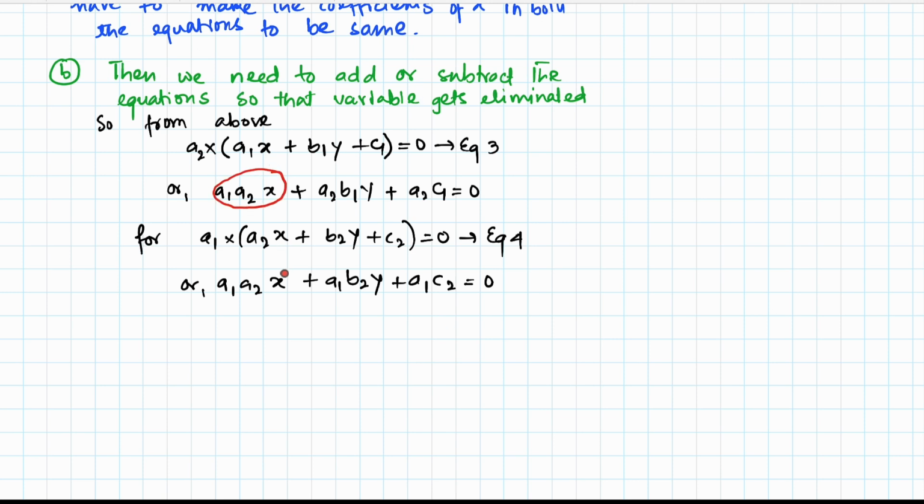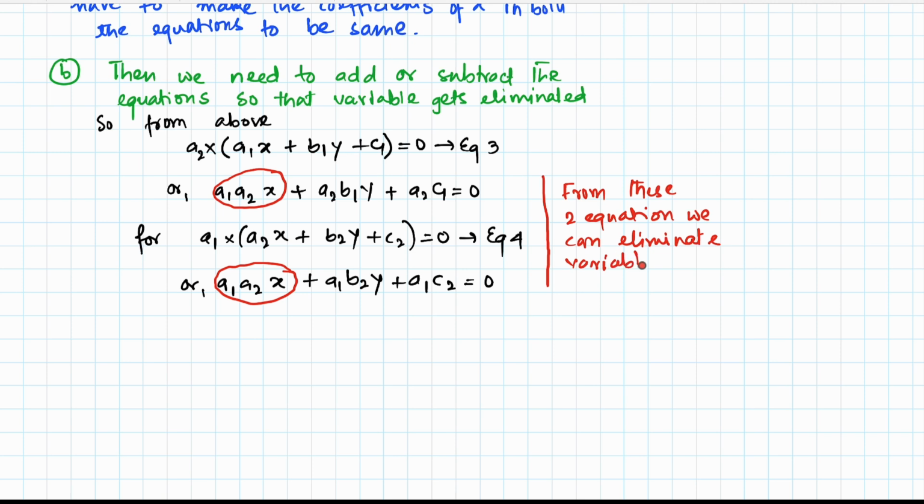Now from these two equations you can see we have made the coefficients equal by multiplying. So we can eliminate the variable x by subtraction. As these two are equal and positive, if I subtract one equation from the other, the x will be eliminated.